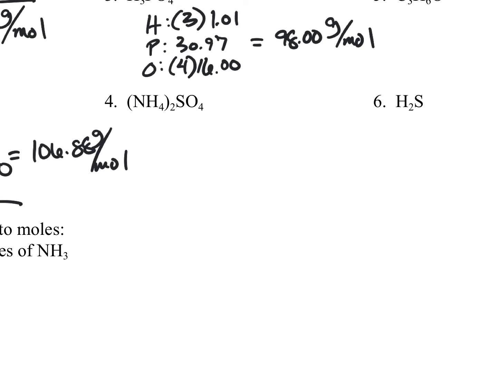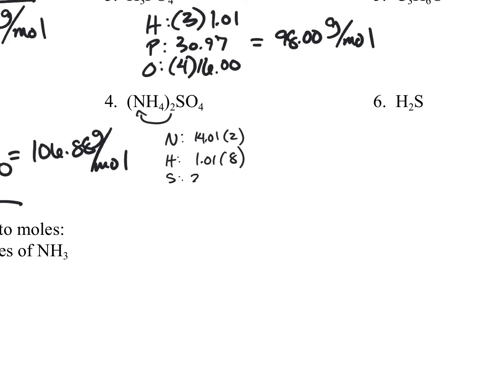Okay, the next question is ammonium sulfate. Nitrogen has a molar mass of 14.01, but there are 2 of them because this 2 applies to everything in the parentheses. And then separately, hydrogen is 1.01, but there are 8 of them because there are 4 hydrogens in ammonium, but there are 2 ammoniums. So in total, you have 8 hydrogens.